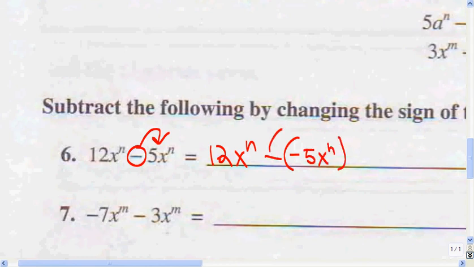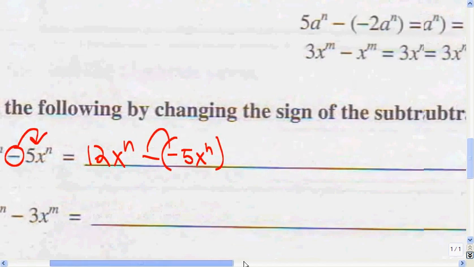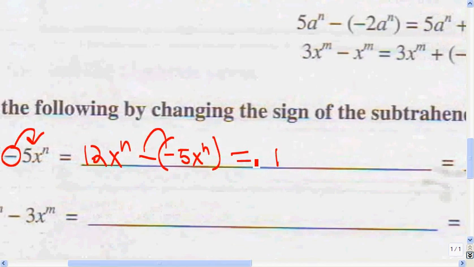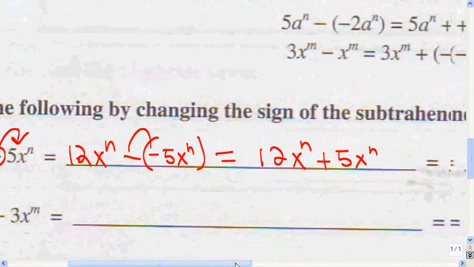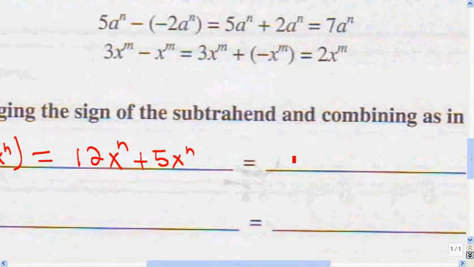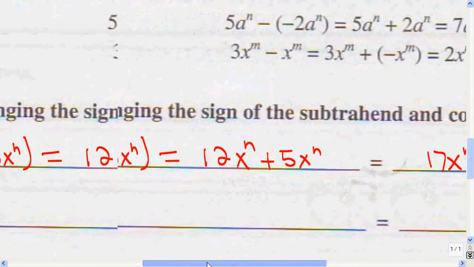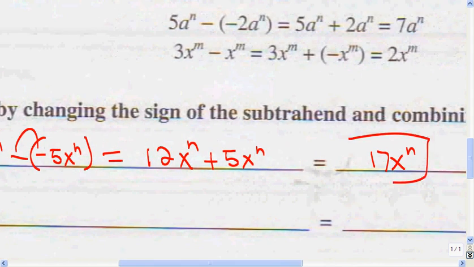That means I'm going to subtract the negative, so I get 12xn plus 5xn. My answer is 12 plus 5, which is 17xn. Let's put a box around it.